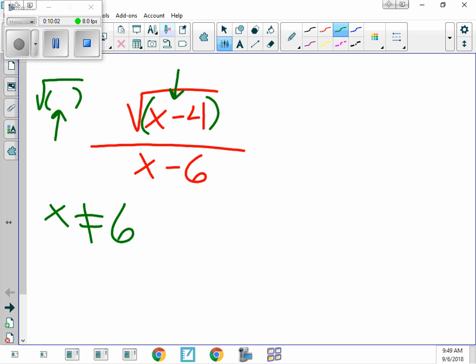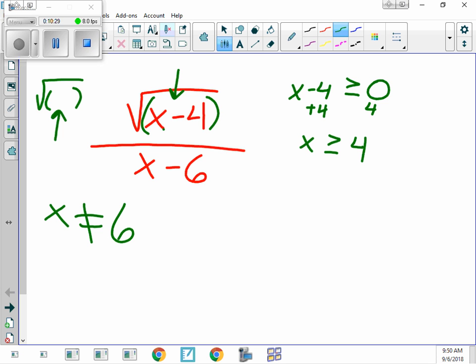So whatever is inside a square root has to be greater than or equal to 0. So all I'm going to do is take this stuff, x minus 4, and write greater than or equal to 0, and then solve it. How do I solve x minus 4 is greater than or equal to 0? Add 4, and I get x is greater than or equal to 4.